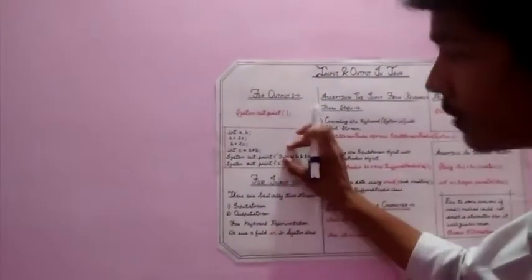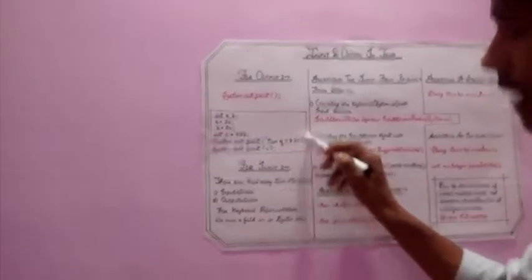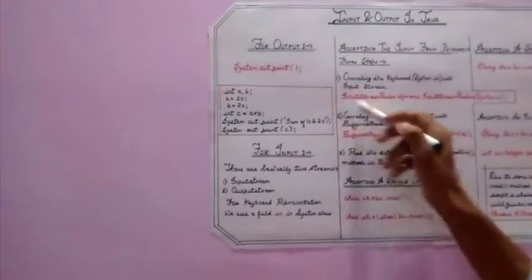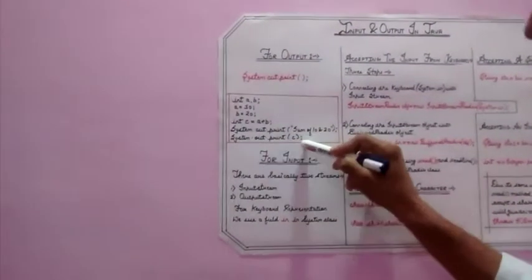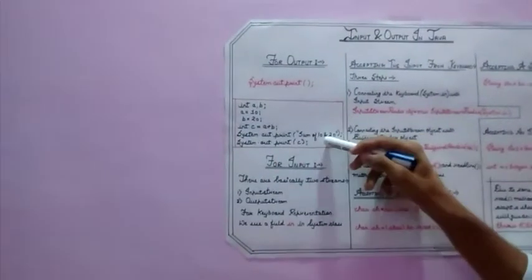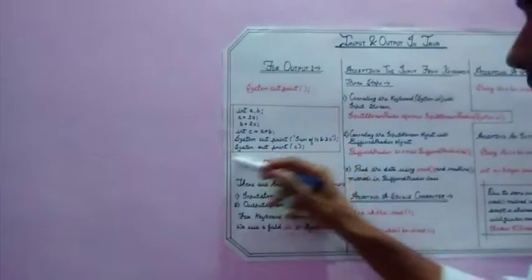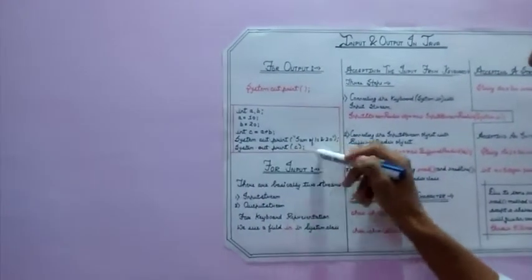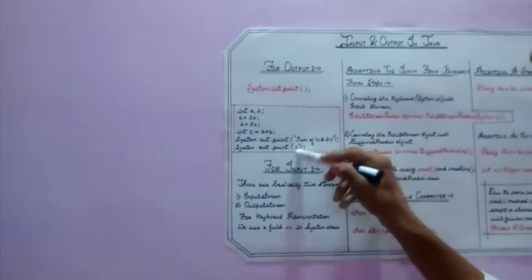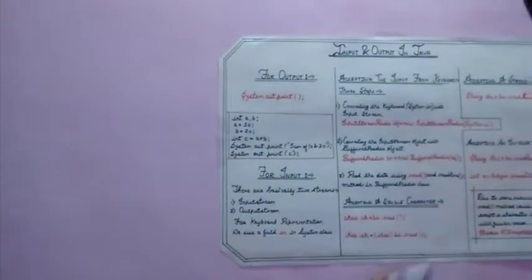Now, I have written two statements: System.out.print under brackets and inverted commas "sum of 10 and 20", and the second is System.out.print and under brackets c. The first statement will display "sum of 10 and 20" as it is written, and the second statement will display the calculated value of c, that is a plus b, the expected 30.